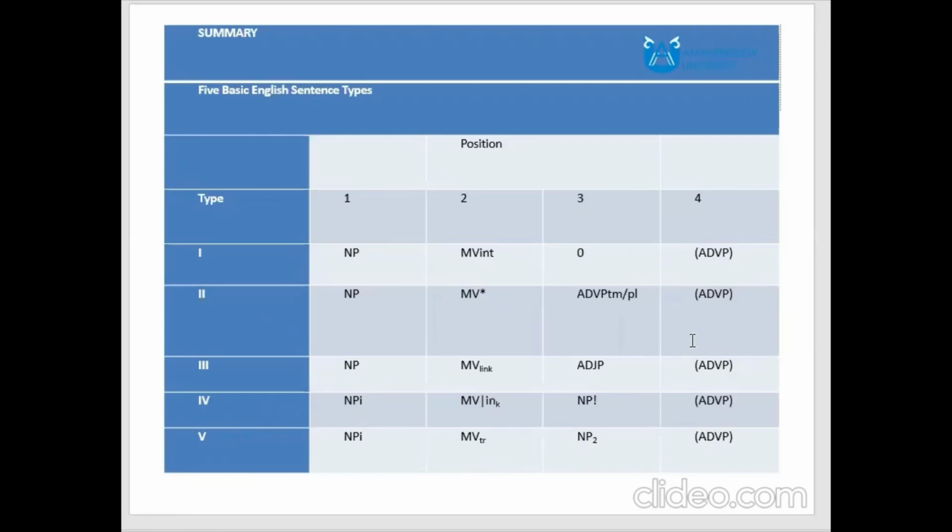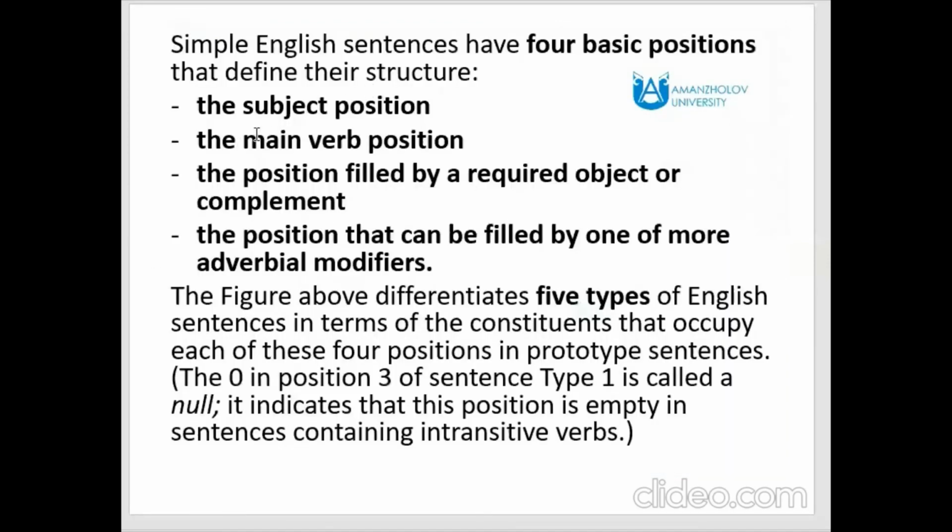This table differentiates 5 types of English sentences in terms of the constituents that occupy each of these 4 positions in prototypical sentences. So, 4 basic positions. Let's revise: the subject position, the main verb position, the position filled by a required object or complement, and the position that can be filled by one or more adverbial modifiers.